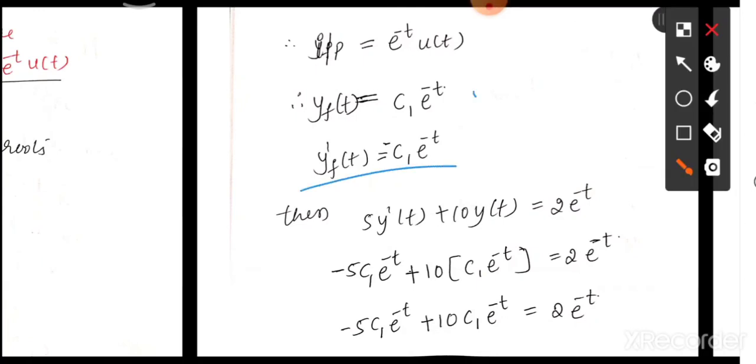Differentiating, we get minus c1 e^(-t).